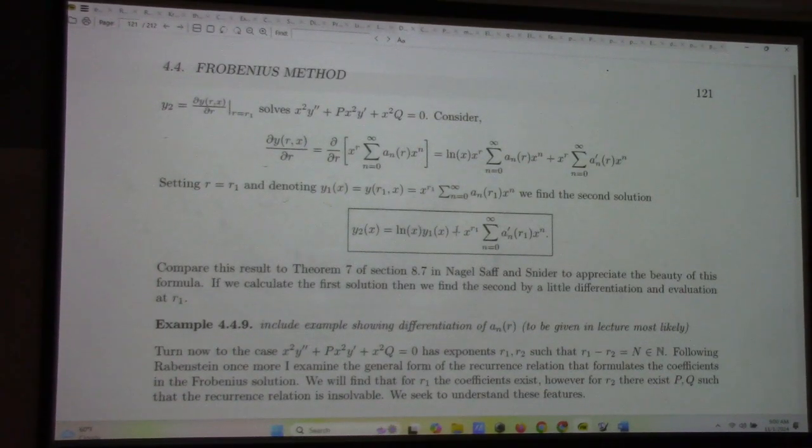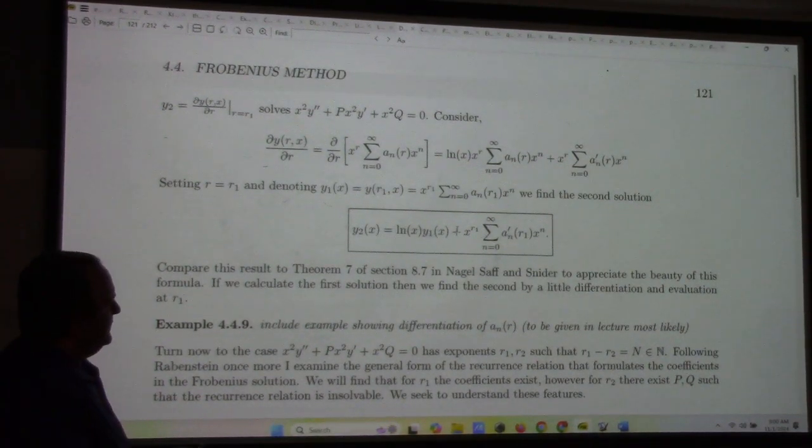Generically speaking, in the repeated root case for the Frobenius problem, you have your first solution, which has the form x to the r1, sum n equals 0 to infinity of a_n(r1) x to the n. You find the second solution from that theorem I just mentioned, which is basically to take the partial derivative of this with respect to r1.